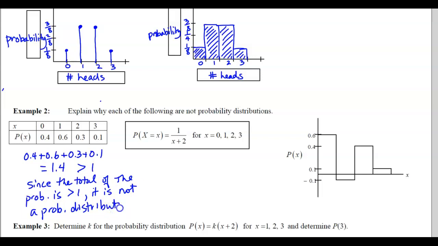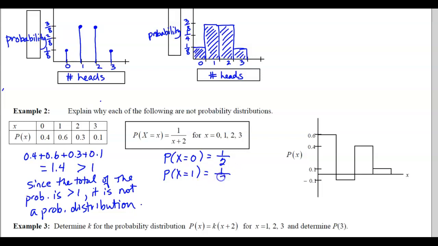Next one, you're going to have to calculate each probability. There's a formula there. When X equals 0, what's that going to be? That's going to be 1/2, since 0 plus 2 is 2. The probability where X equals 1 is going to be 1/3.